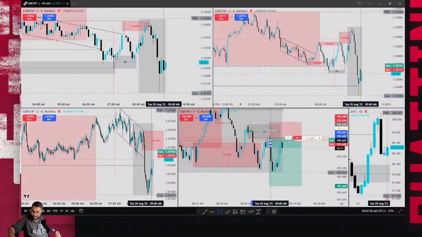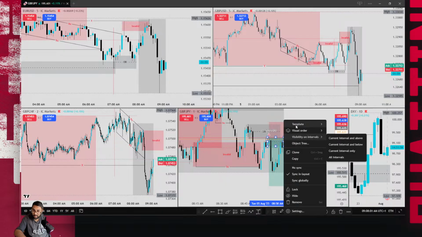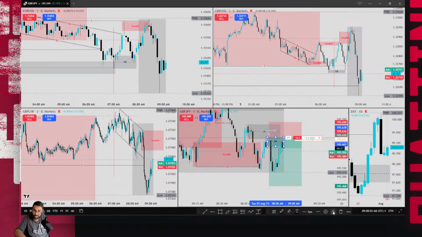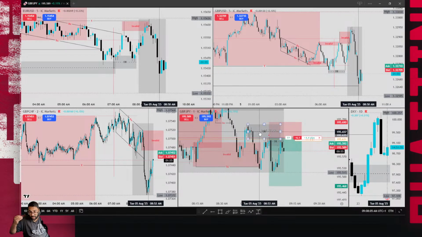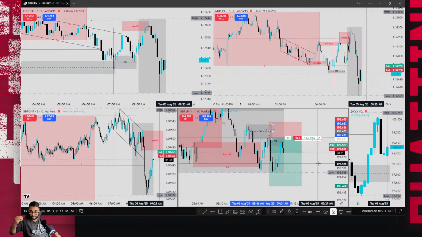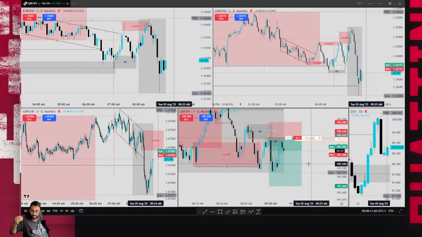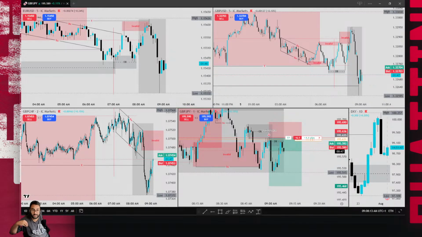So let's hope that it's going to reject from this order block for a continuation. That's what I'd like to see. And if we go down to break this low, that's okay. It'll be a little bit annoying if the other accounts, that's because of spread and whatever you want to call it, but it's fine. It is what it is.